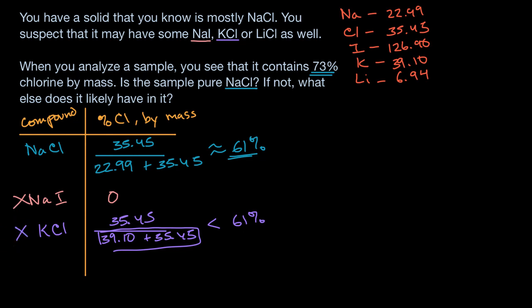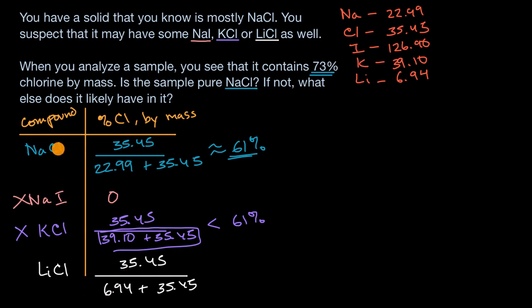And now let's look at this last candidate, and I'm feeling good about it because something got mixed in. So let's look at lithium chloride. What is its percent chlorine by mass? Well, it's going to be the average atomic mass of the chlorine divided by the average atomic mass of the whole thing. I'll just put the chlorine in here just because I'm already in that mode. And then lithium actually has a fairly small average atomic mass of 6.94.